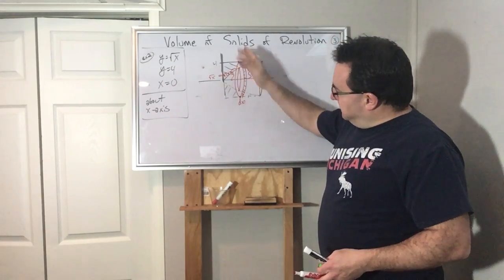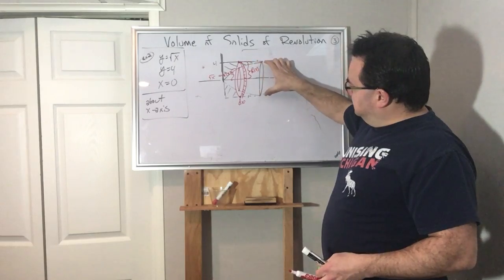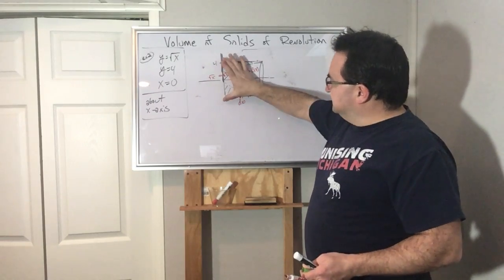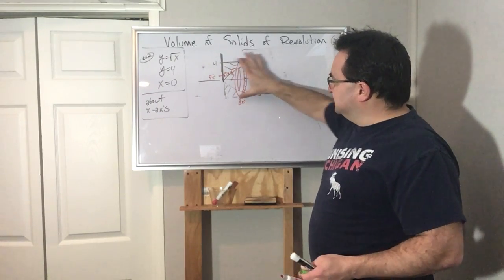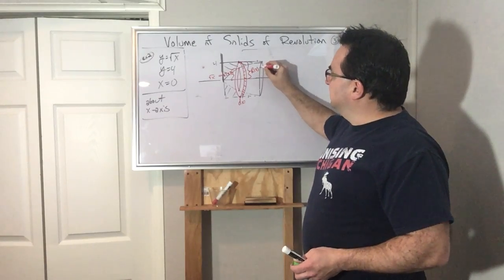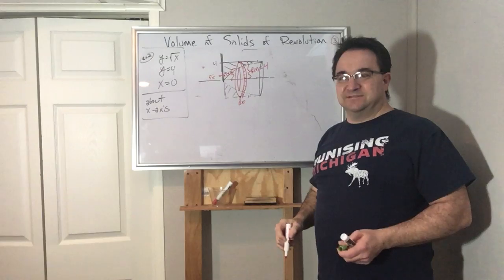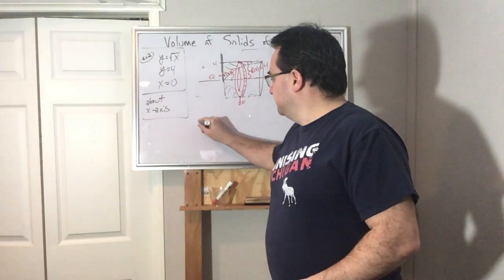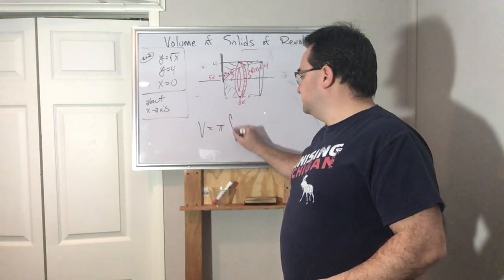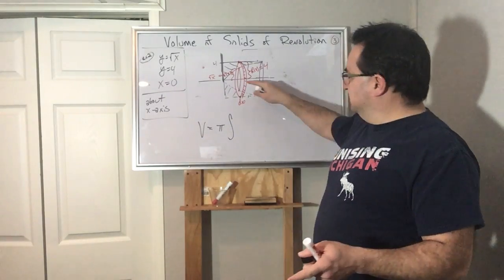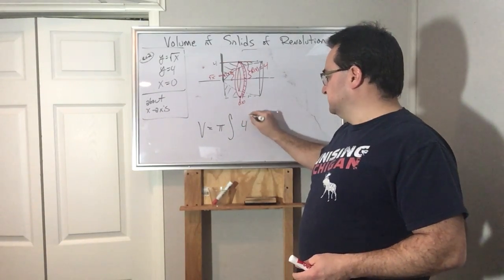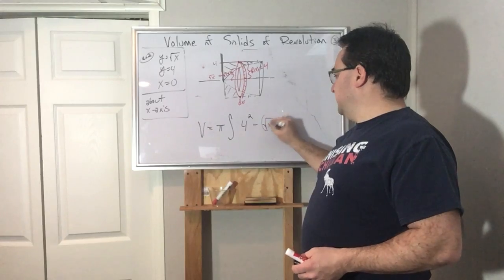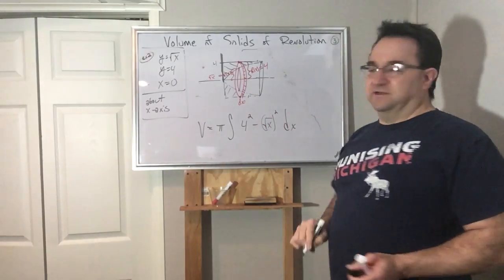Now look, no matter where I slice it, that small radius is on that curve. But no matter where I slice it, the large radius stays stuck on this horizontal line. Or in other words, the large radius is always 4 units. It's constant. Interesting. So let's see what the equation looks like. The volume is pi times the integral of the larger radius, which is always 4, so 4 squared, minus the inner radius, which is the function square root x squared, and it is a dx thickness.